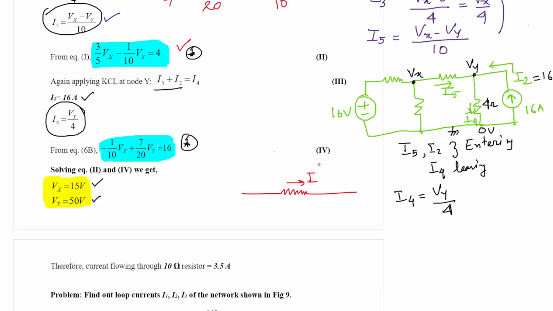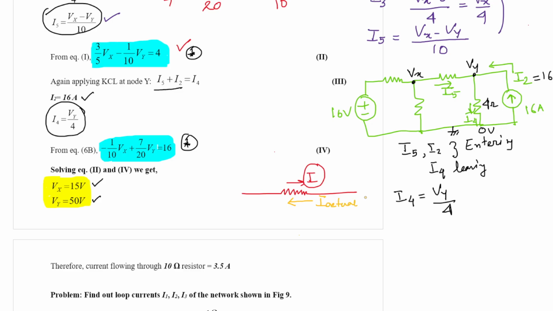This is our I. This is our assumption. We do not know the actual current direction. But let us consider the current is actually flowing in this direction, from right to left. That is I actual.